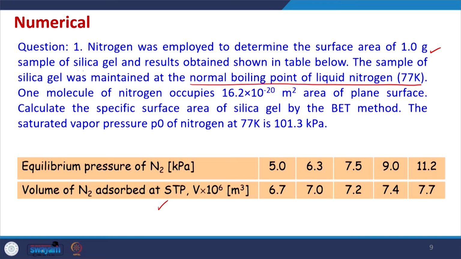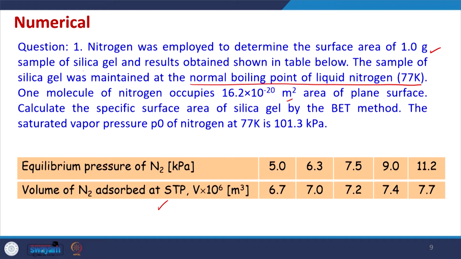So, we always maintain the temperature of 77 Kelvin in this unit. Now, one molecule of nitrogen occupies 16.2 into 10 raised to minus 20 meter square of area of plane surface. This we have already learned previously.